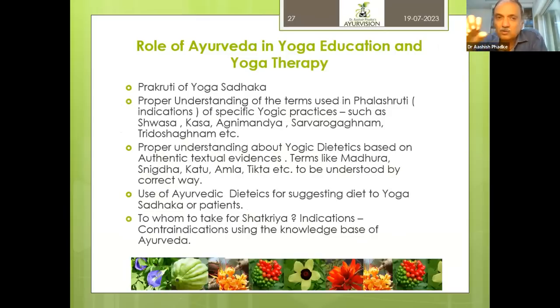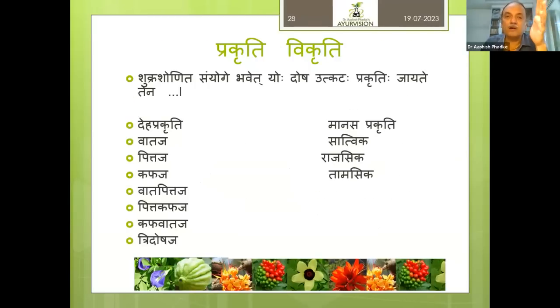So considering those, we identify under which subset people fall, and based on that we divide it into Prakriti, Deha Prakriti. So Vata, Pitta, Kapha, Vata Pittaja, Pitta Kaphaja, Kapha Vataja, Trija. Now how to identify Prakriti is in itself a big topic to teach. Now, what is the importance of this? And Manas Prakriti, also Sattvic, Rajas, Tamas, that we also follow in Yoga and Ayurveda both.